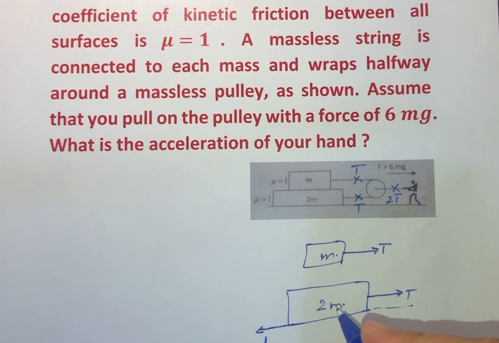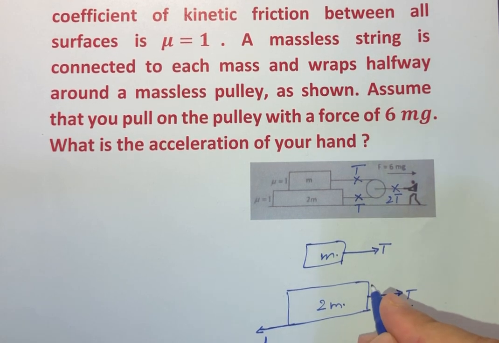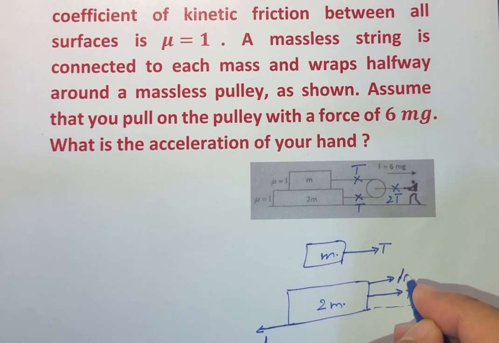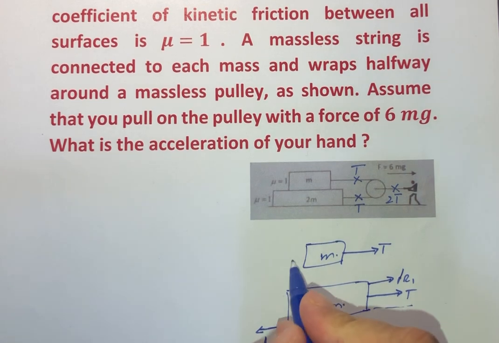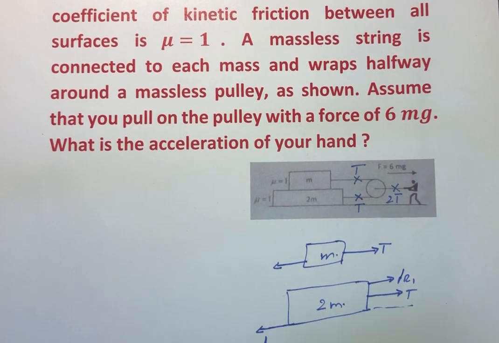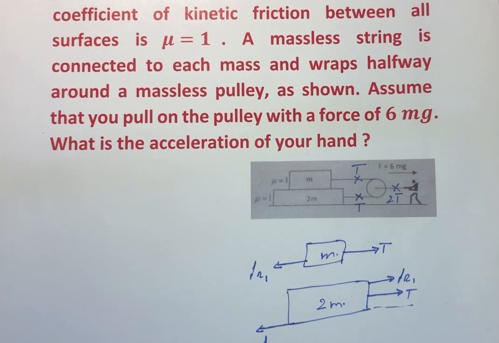The mass m will try to move 2m towards the right side, and let us call that friction FR1, and equal and opposite will be acting on the above block, and let us call that FR1, sorry.